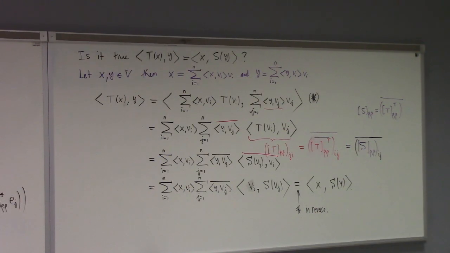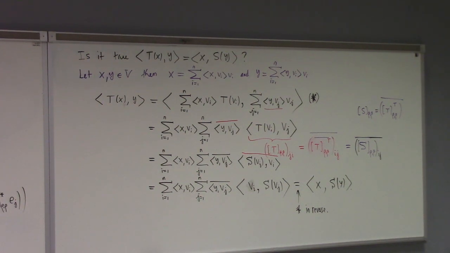Let's start with the inner product of x with T y. That is equal to, I'm hopeful that the conjugate trick is going to work again for us here, because that's equal to its own double conjugate.